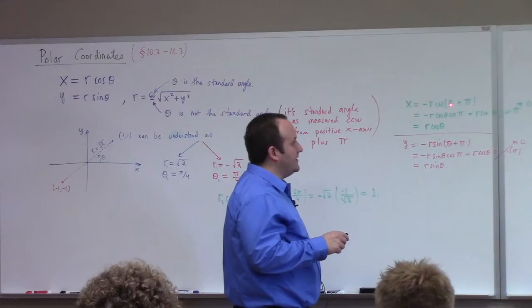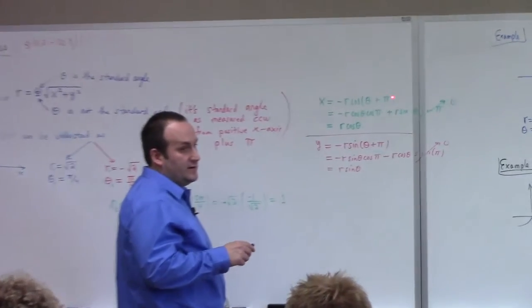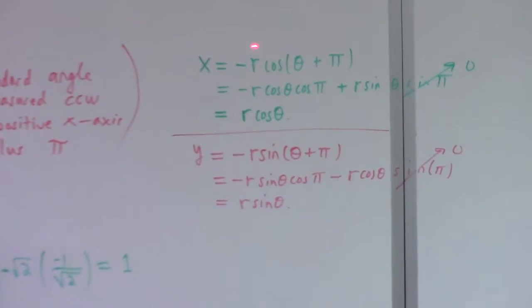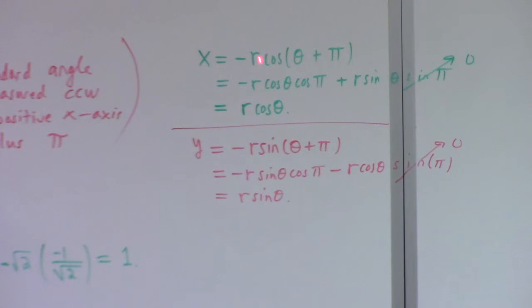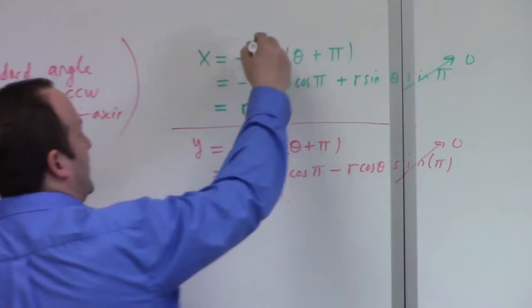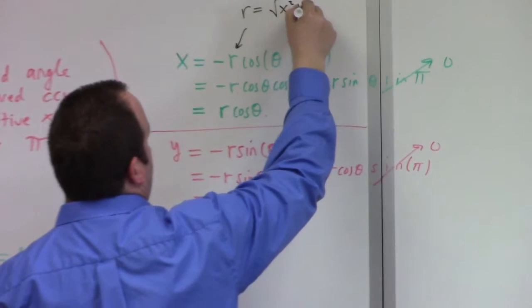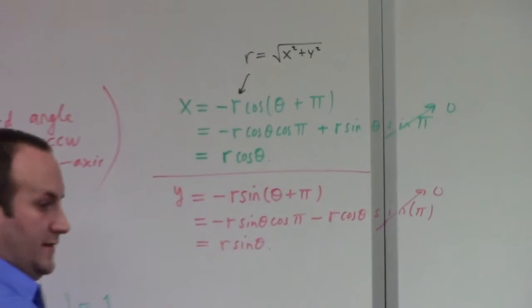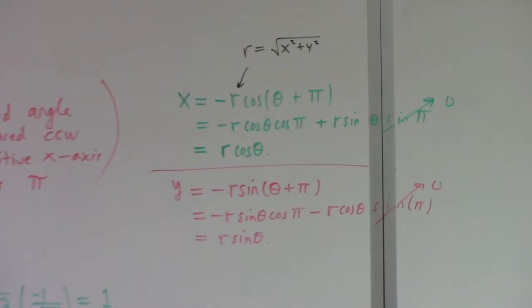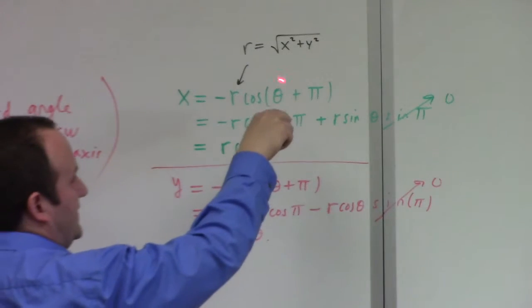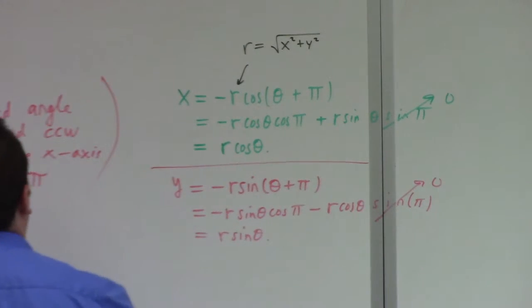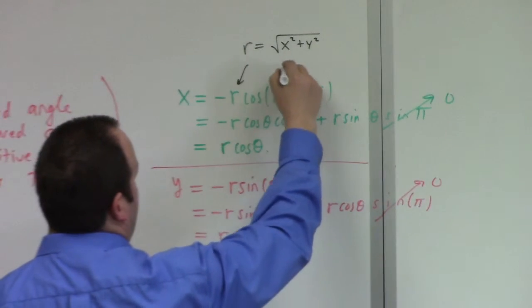If you change theta to theta plus pi, all right, and you swap out your positive r for minus r, right? Just think of this r as being the plus r, right? Think of this r as being, for a moment's discussion, the actual square root of x squared plus y squared, all right? If you did that, and if you think about theta being the standard angle for a second, all right?